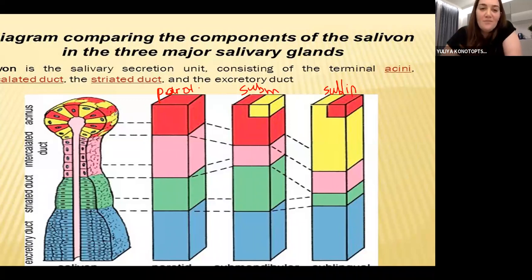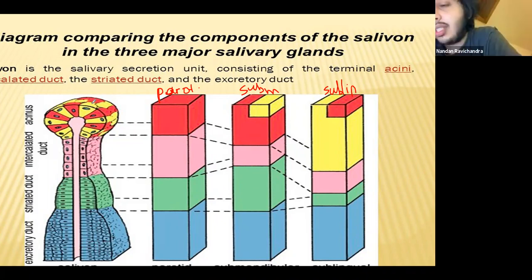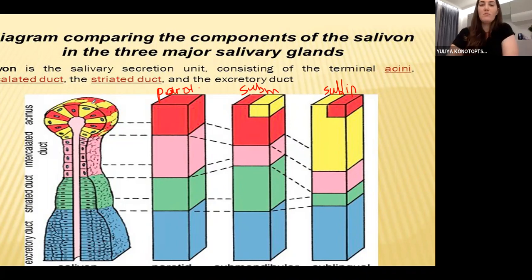So here's your acinus. You can see that there is a red cell and there is a yellow cell. What's the difference? Is it serous and mucus? Exactly. So red color is which one? Serous. And yellow is mucus cell.